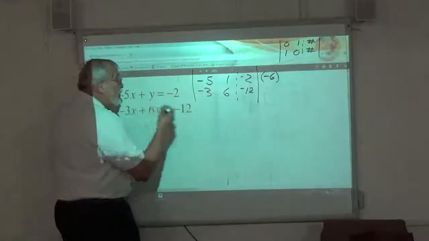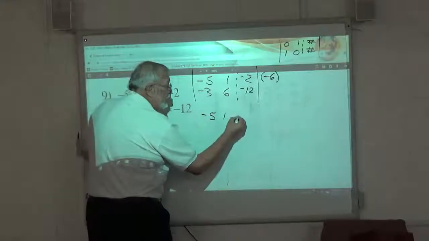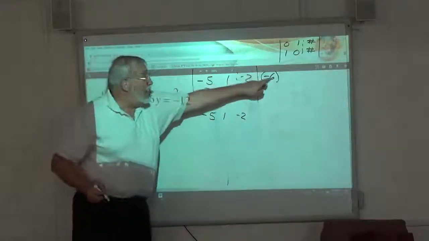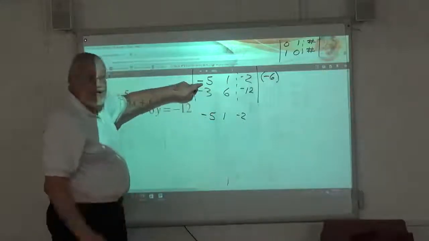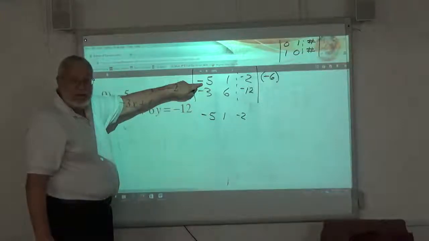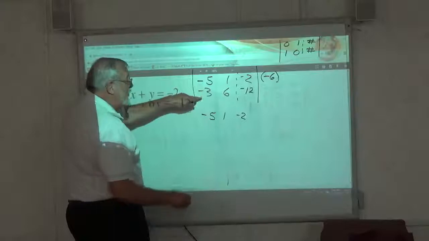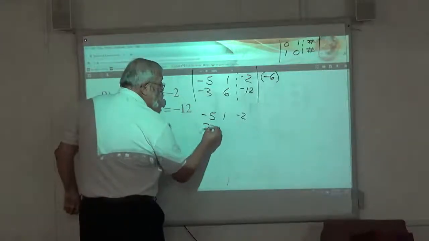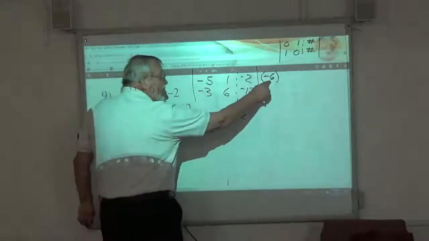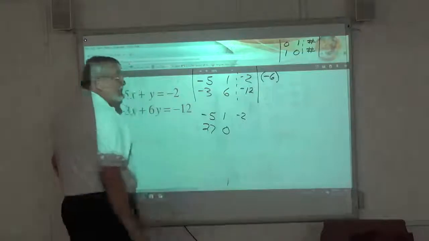Okay, so we're not dealing with the top equation right now, so I'm going to copy it. But when I multiply negative 6 times negative 5, I get what? Positive 30. Positive 30 subtract 3 is 27. Now, negative 6 times 1 plus 6 is 0.